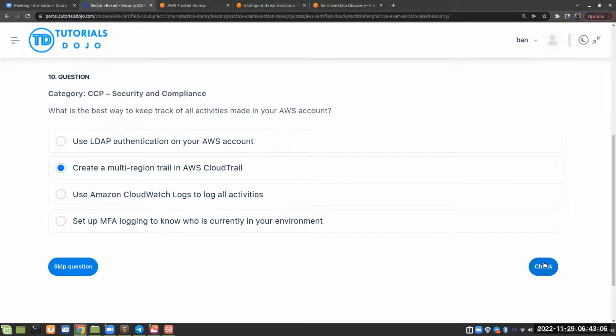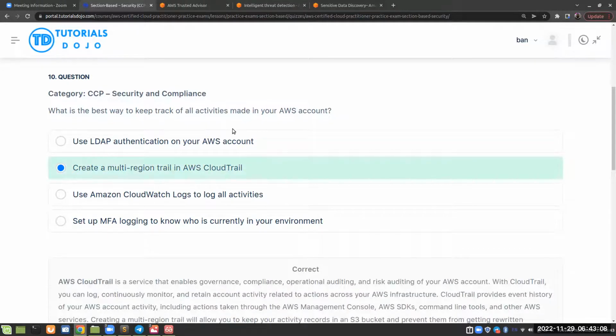So let's check that. Two people say B. Remember we have seen AWS GuardDuty. It also had to do with your account. I always try to say learn these services in pairs. You will remember better. GuardDuty was brought up as a threat detection service, looking for malicious activity in your AWS accounts and workloads.